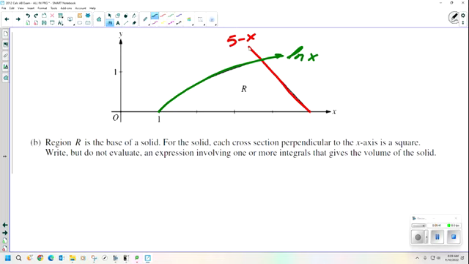And now they say we have these squares. Okay, calligraphy pen. Of course I'm going to use a calligraphy pen. Great. We have squares, which means from here to here, it's a square. Okay, each section is a square.